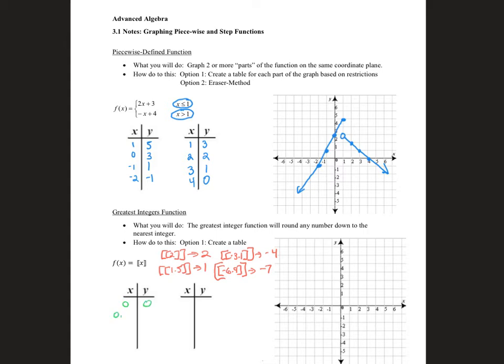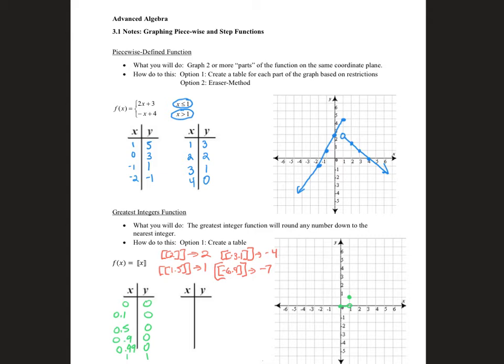If I pick 0.1, that would round down to 0. 0.5 would round down to 0. 0.9 would round down to 0. 0.99 would round down to 0. So if I chose 1, 1 would round down to 1. So anything starting at 0 rounds down to 0, all the way up to 1, but 1 is not included, because when we hit 1, we get a y value of 1, so 1, 1.